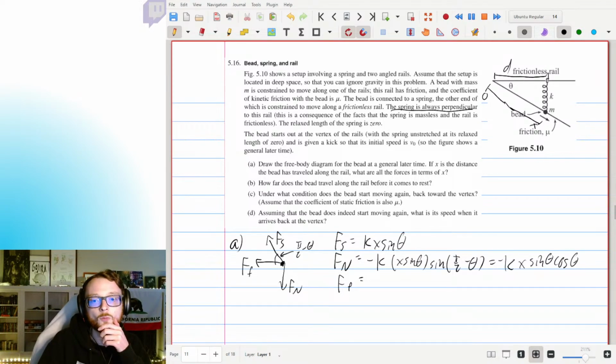The spring is always perpendicular to the rail. This part of the spring here can move left or right, is how I'm interpreting it in order to make that happen.